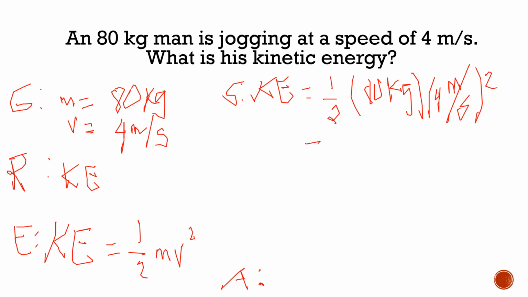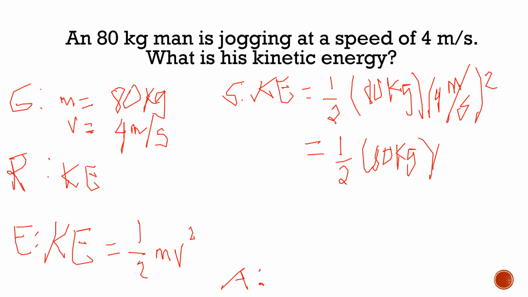Now simplify first. We have 1/2 multiplied by 80 kilogram multiplied by the square of 4.